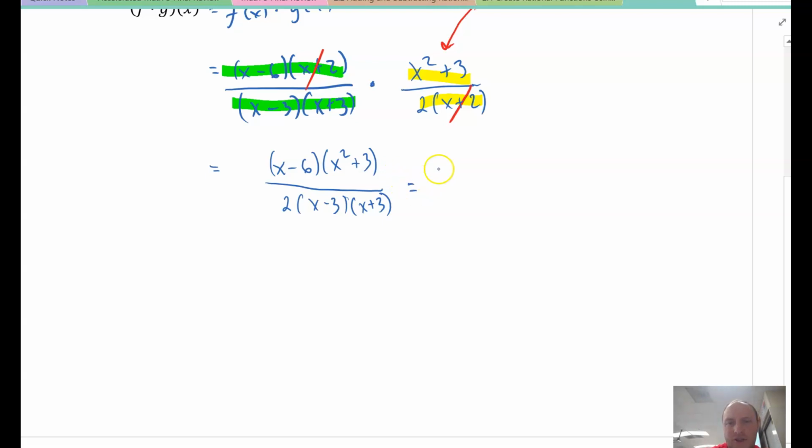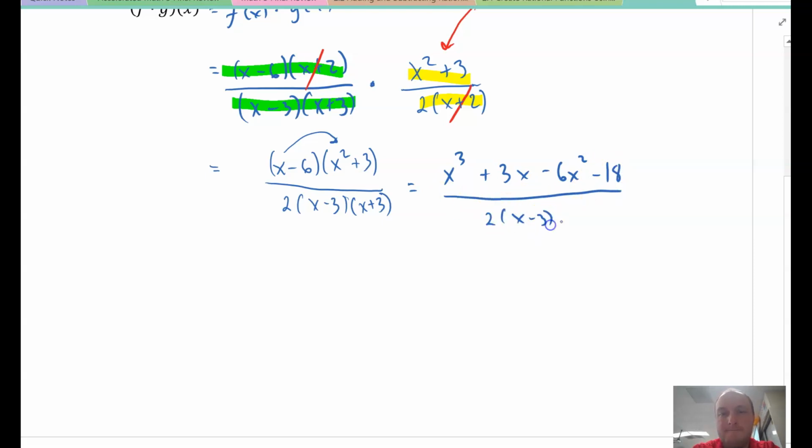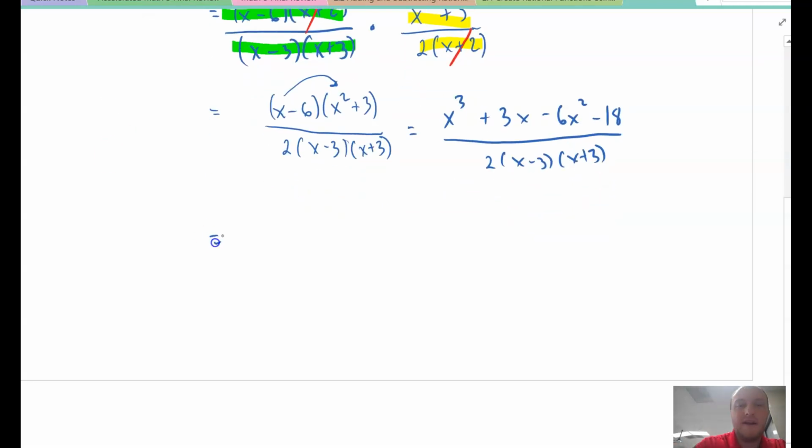And what I'm going to do is multiply this out. So we have x cubed along with a positive 3x minus 6x squared minus 18 all over our denominator. Then I'll write it in standard form.